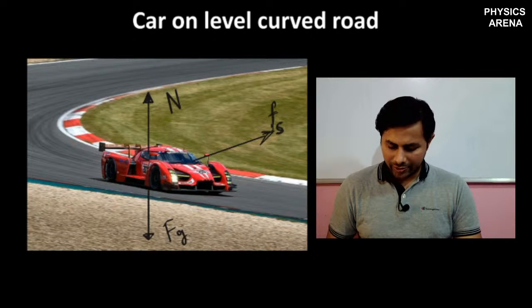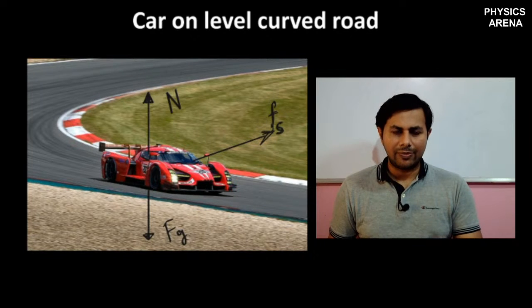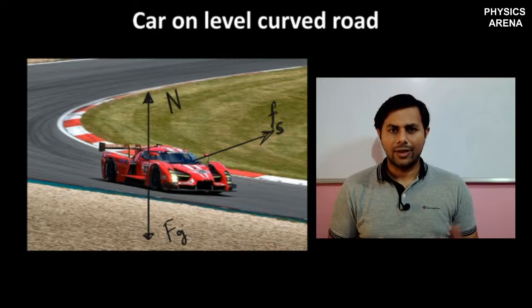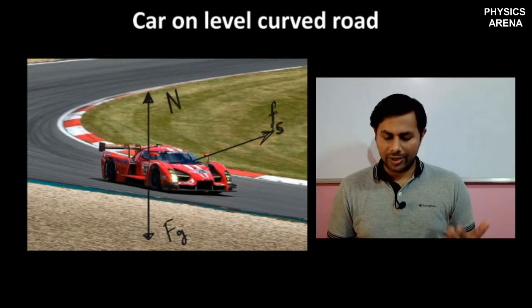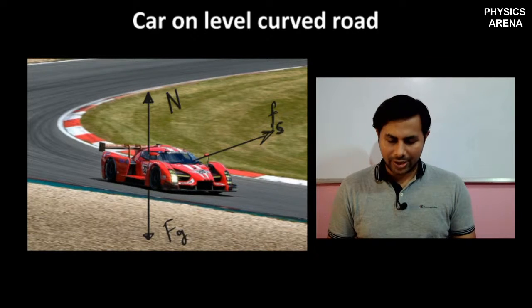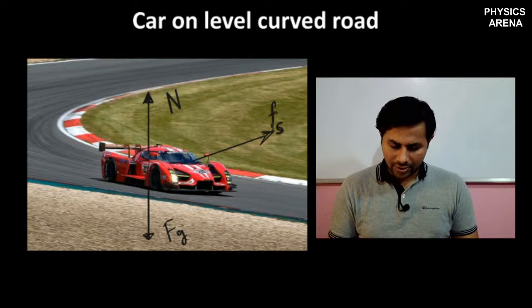Okay, V is equal to what? It is the square root of mu s multiplied by r times g. So g is constant, it's not a variable. That means the safety speed limit will depend on the coefficient of static friction, mu s, and on r. So it depends on two things: mu s and r.